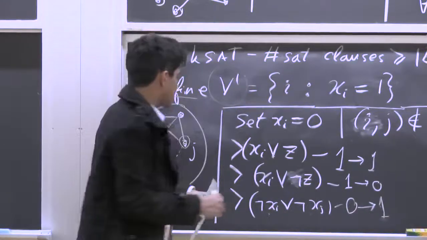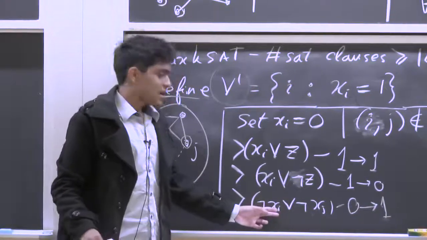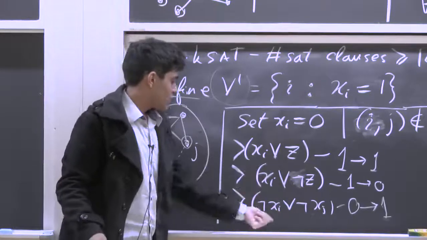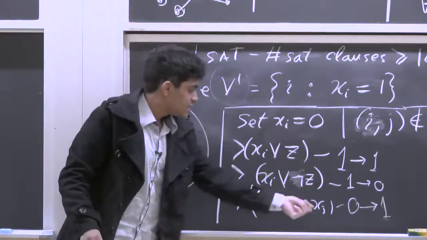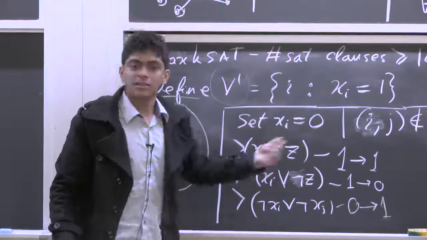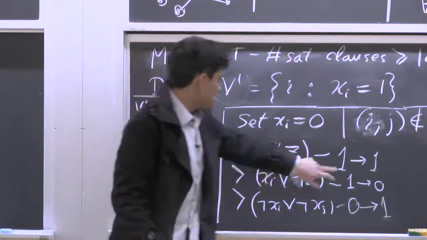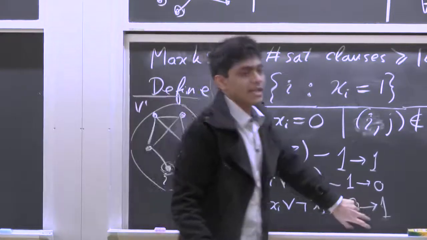There may be other clauses with xi, but realize that if xi is changing to 0, not xi is changing to 1. So whatever happens here, it will only increase the number of clauses that are being satisfied. So you lose only 1, but you gain at least 1.